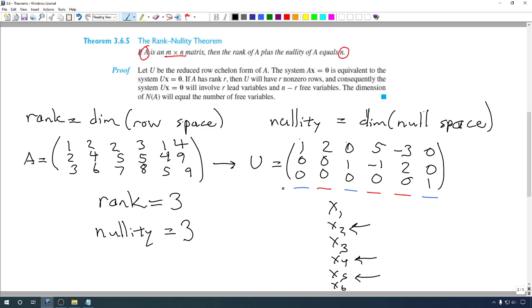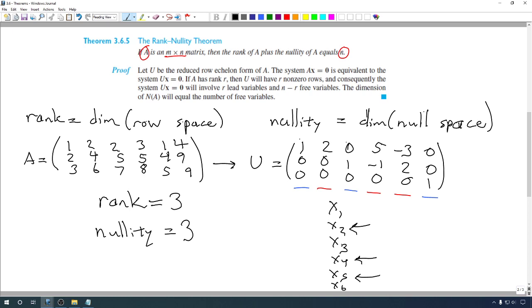And so what it comes down to is the number of free variables and the number of leading 1s. It obviously has to make up how many columns we have in our matrix. But the free variables turn into our nullity, and our leading 1s turn into our rank. So if we put the rank and nullity together, we have to have the same number as the number of columns of our matrix.